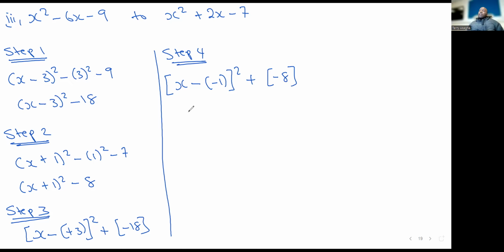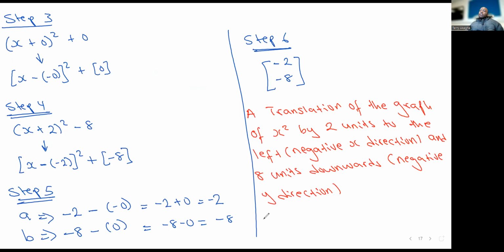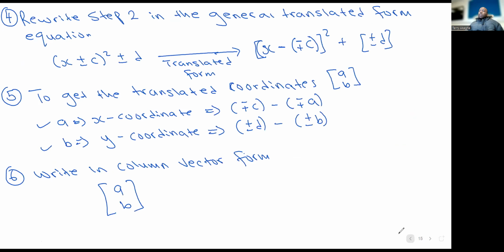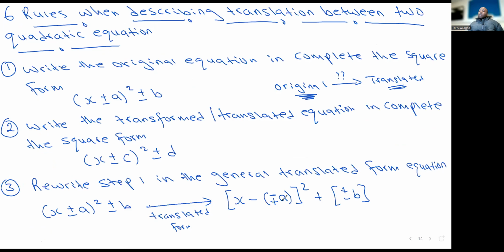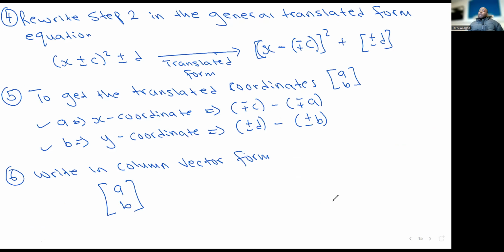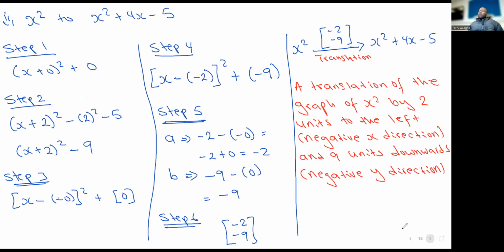All right. Then when you're done, step 5, to get A and B. Okay. So step 5, to get the A, I told you, is the answer from the second one minus the answer from this to give you the A. And for the B is the D minus B. So let's go.